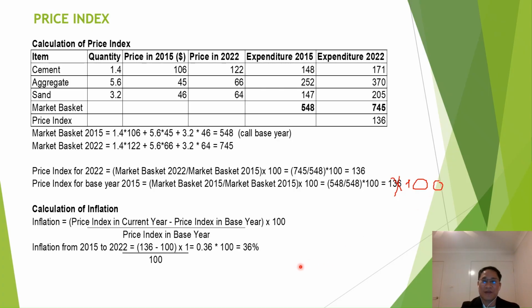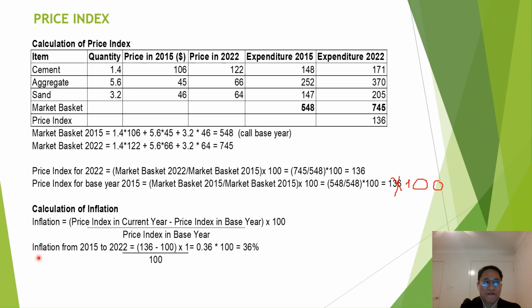Then when we have the price index, we can calculate the inflation by using this formula. Inflation is equal to the price index in the current year minus the price index in the base year, divided by the price index in the base year, times 100.